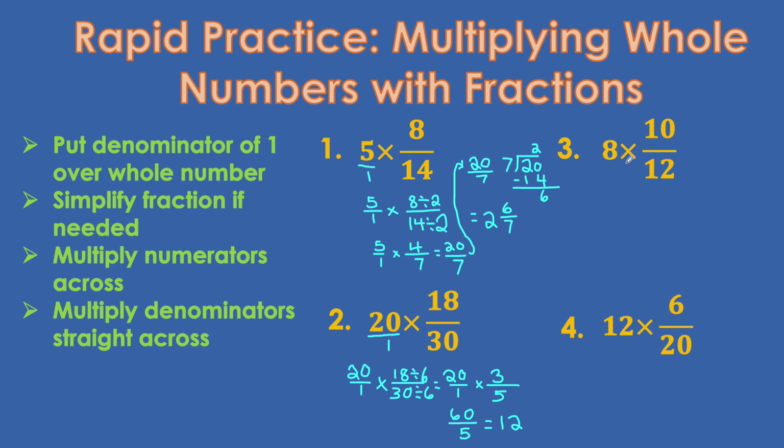We have 8 times 10 over 12. First, you put a denominator of 1 over the whole number. Then we're going to simplify the fraction. 8 over 1 times 10 over 12. Divide by greatest common factor, which would be 2. Divide top and bottom by 2.